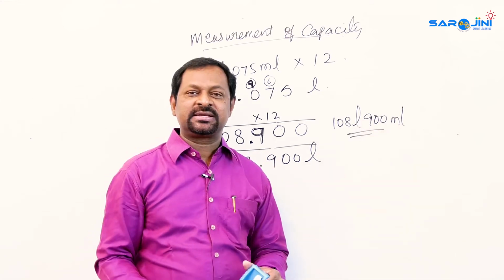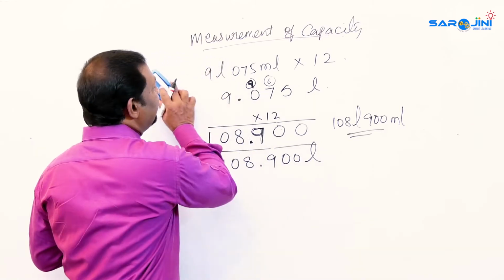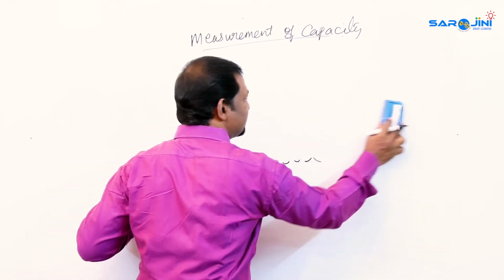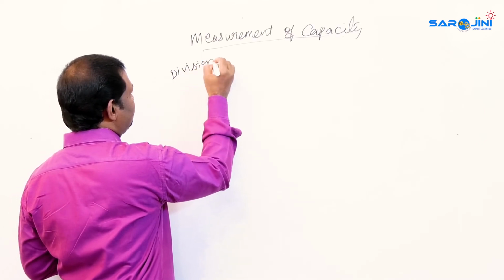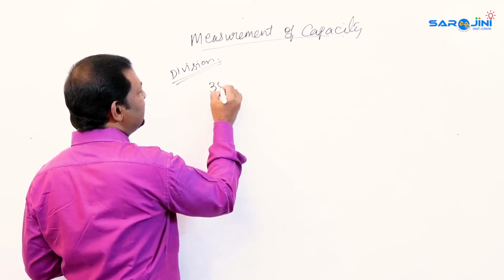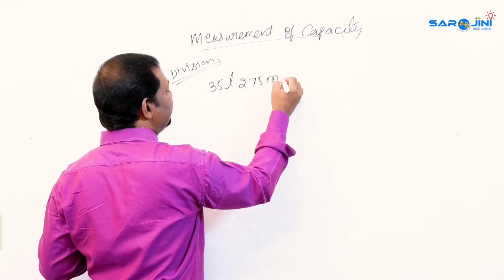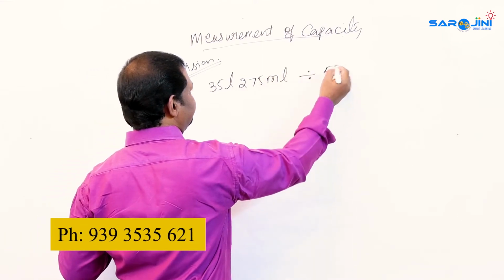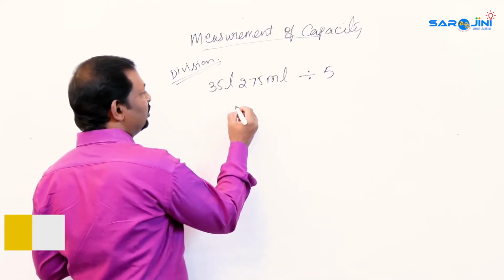So this is basic multiplication in capacities, right? Now coming to division. Suppose I take a division now. Suppose 35 liters 275 milliliters is divided by 5. How are you going to do this?